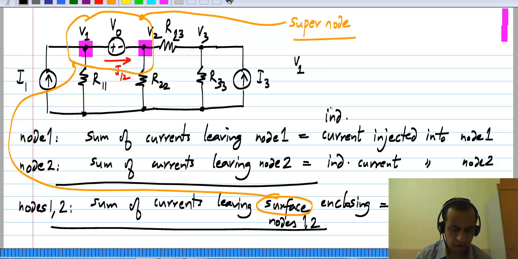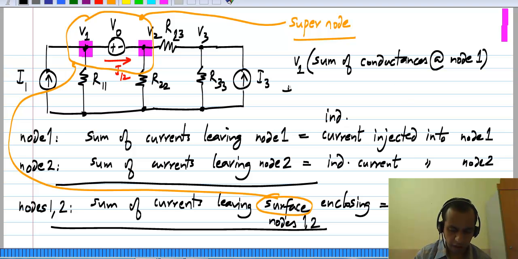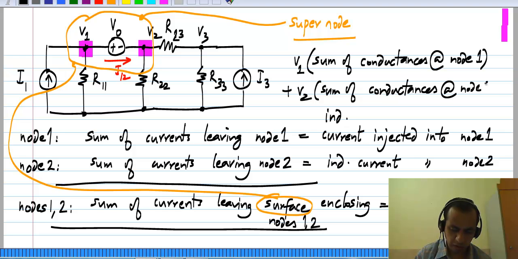So V1 will get multiplied by the sum of conductances at node 1, and V2 will also get multiplied by the sum of conductances at node 2, and there will be all the other terms.